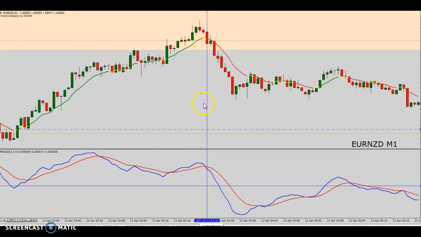And so as I go down and look at what's happening on the MACD, you'll see that the MACD line crossed over the red before this candle closed, and that is confirming to me the MACD is falling.